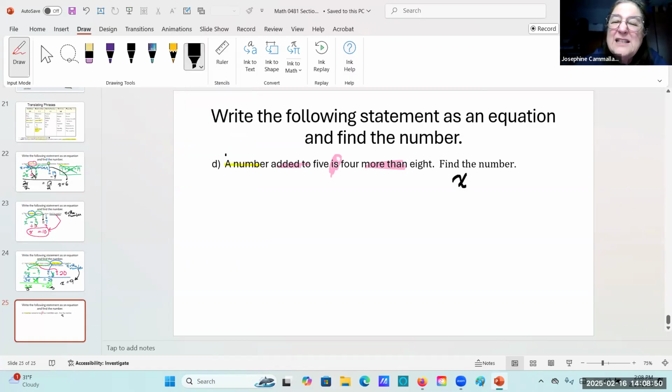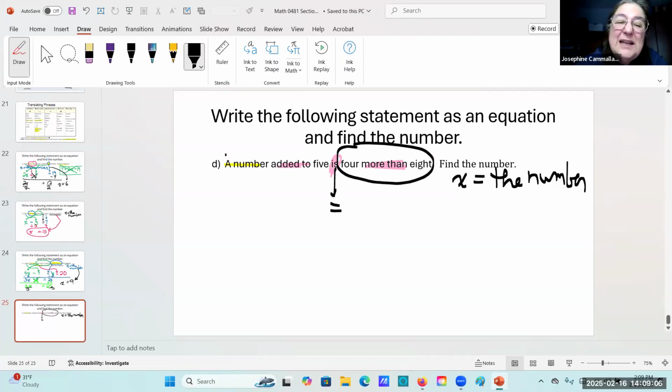Well, X is equal to the number. Go right to the word "is." That's your equal sign. Now, everything back here is written to the right of the equal sign. But remember, "more than" is plus. 8 goes here. 4 goes here.